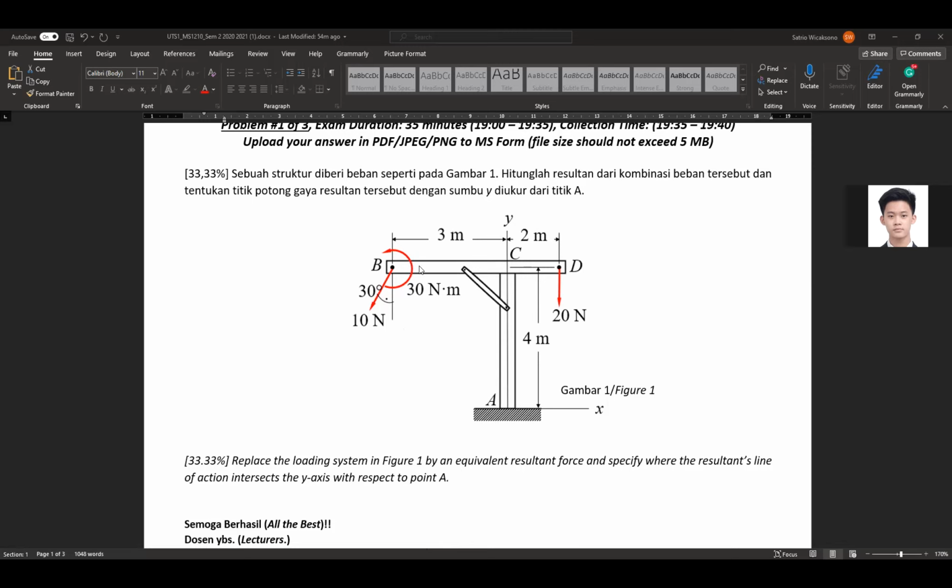So basically, this 30 Newton meters will be there in the whole structure, the same as a couple. The amount of moment that you will have at all the points will be the same.